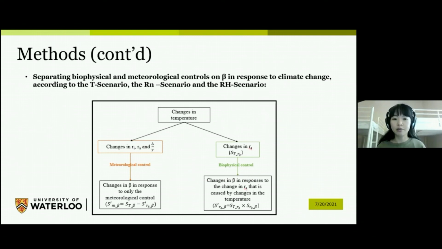By doing this, we can separate the biophysical and meteorological control in our study.